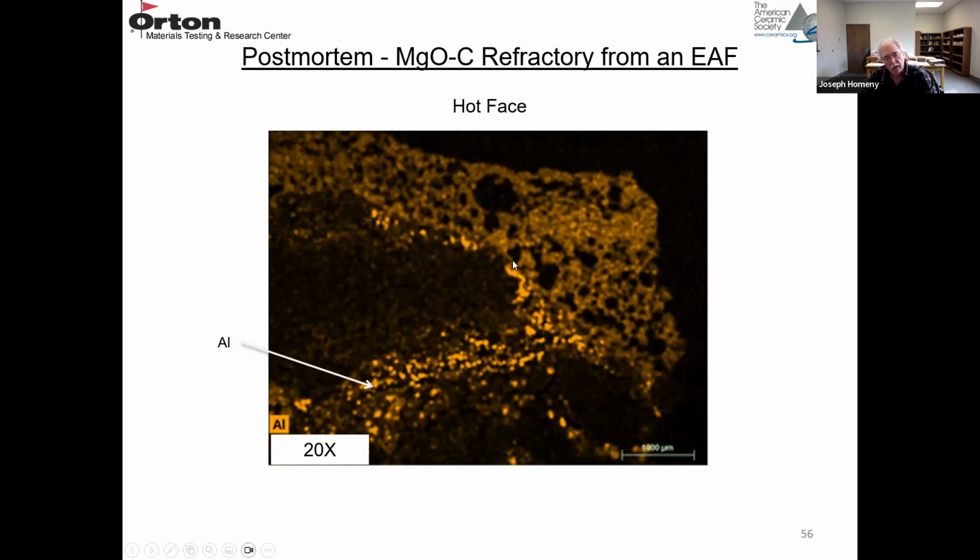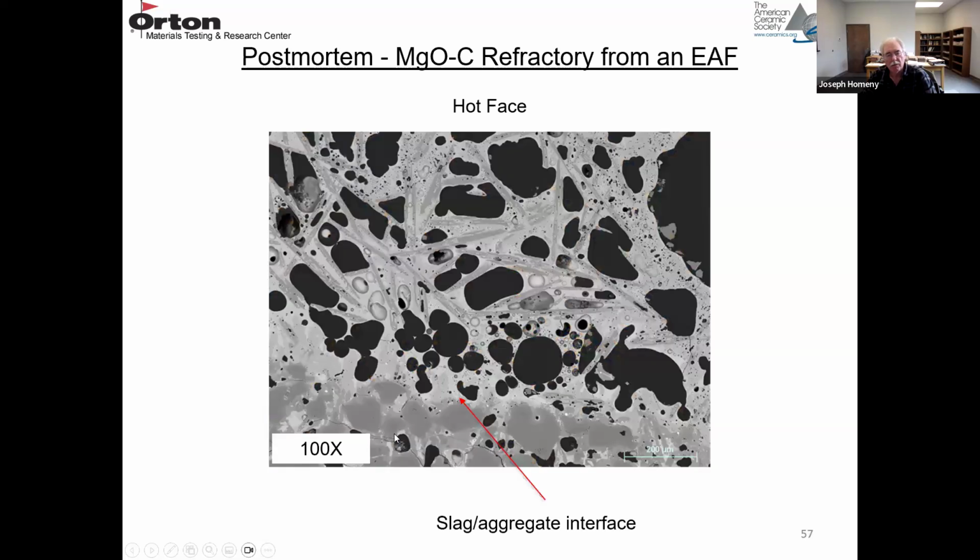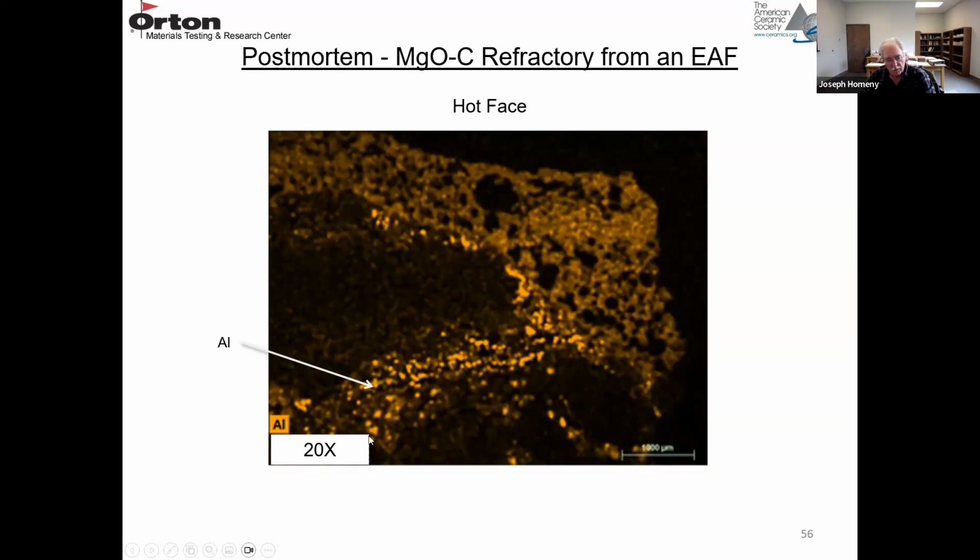This was at one time a matrix region. It's gone now. And then here's what's left of this matrix region, but the aluminum is most likely aluminum oxide at this point. It is basically forming a barrier to further oxidation. So all of this was at 20x.